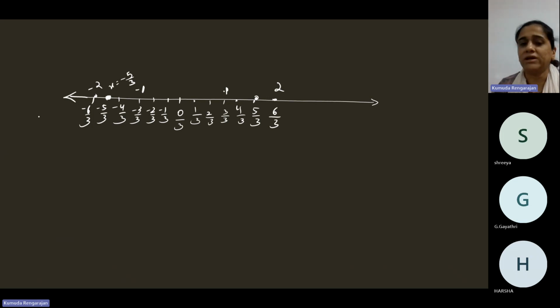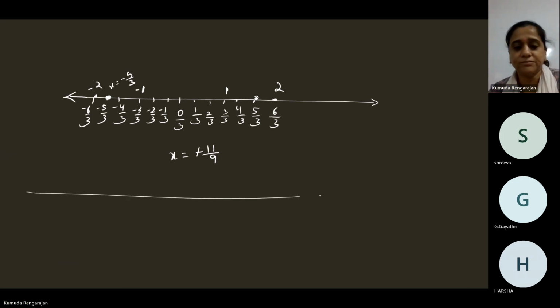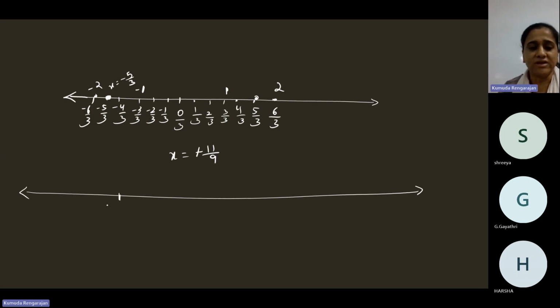So whatever is the denominator. Suppose you have x is equal to, say, minus 11 by 9, for example. Okay, let me take a plus 11 by 9. I'll not take too much on the negative side.